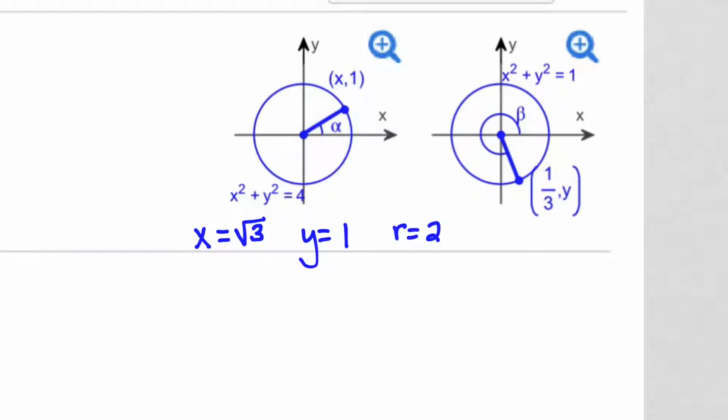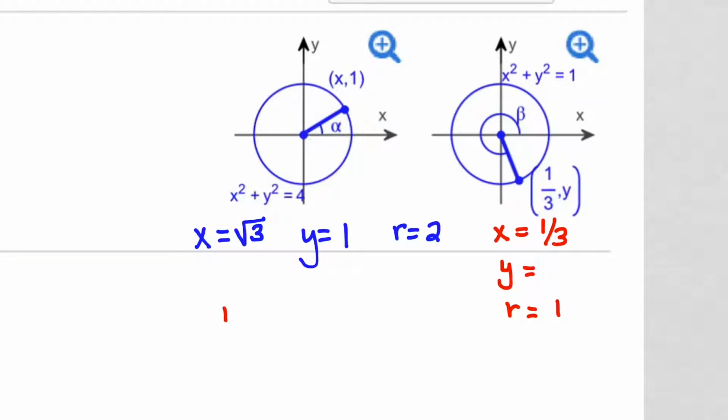Let's do this in a different color. All right, so what do we know about x, y, and r? Well, I know that x is 1/3. I don't know y, and r is 1 because x squared plus y squared equals 1. We take the square root and we get 1. So I can solve this for y.